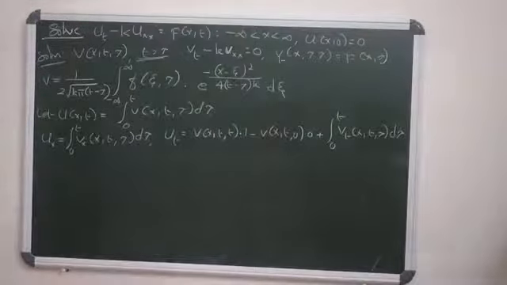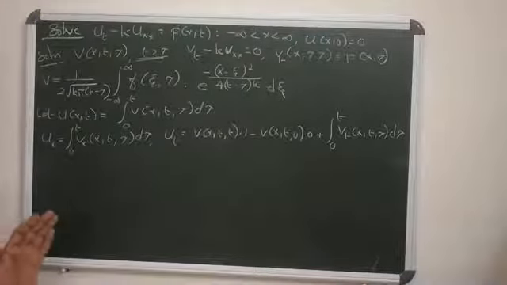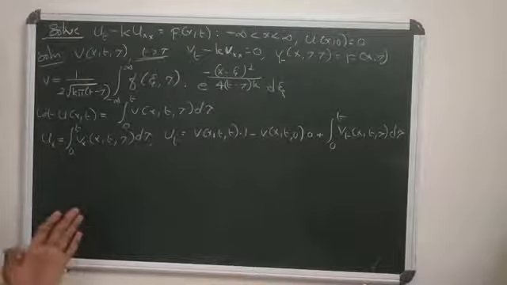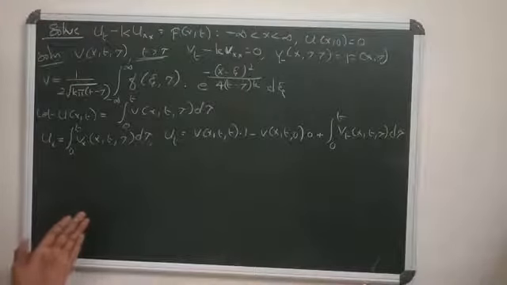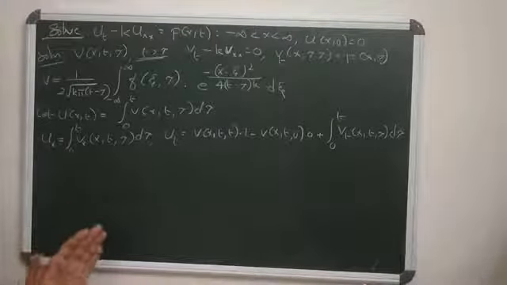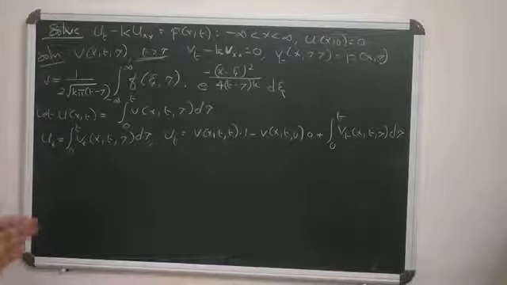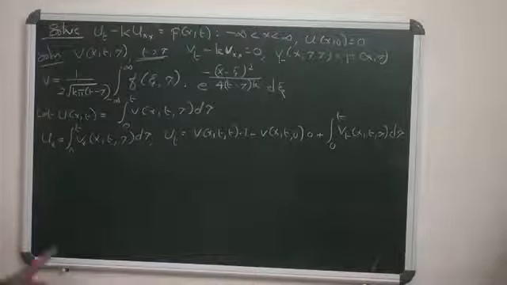Why? Because we use the idea that d by dx of the integral of f(x,t,lambda) d lambda is f(x,t,beta t) into beta dash t minus f(x,t,alpha t) into alpha dash t plus the integral from alpha t to beta t of f_t(x,t,lambda) d lambda, by using that result.